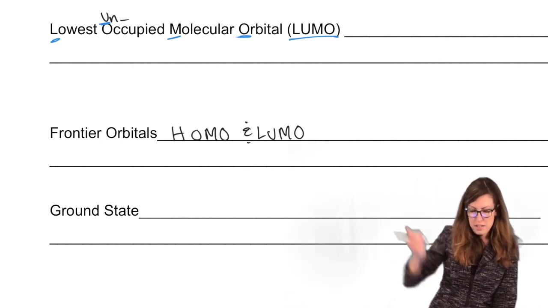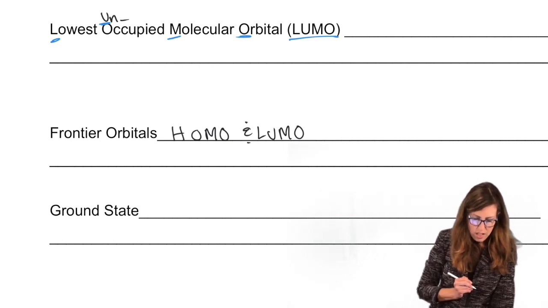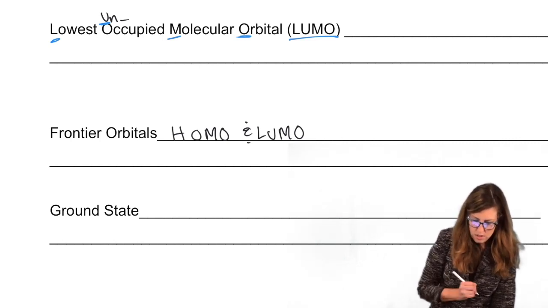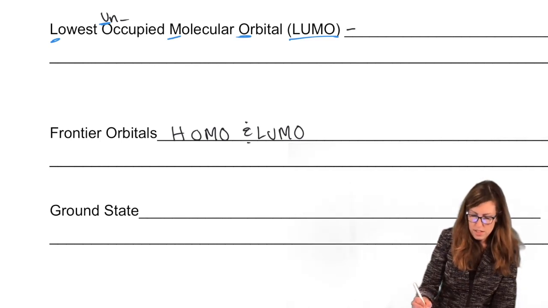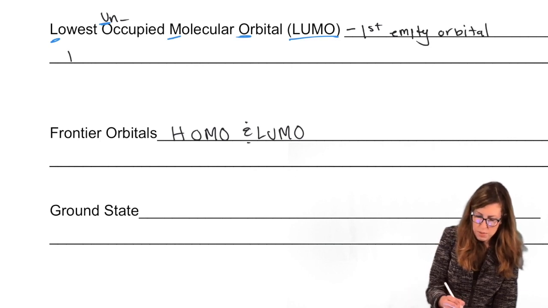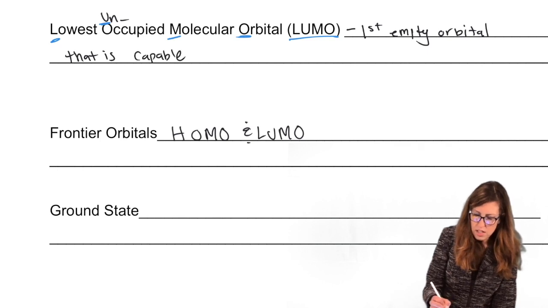It's unoccupied, so it's empty. So another way to say lowest unoccupied molecular orbital is the first empty orbital that is capable of accepting an electron.